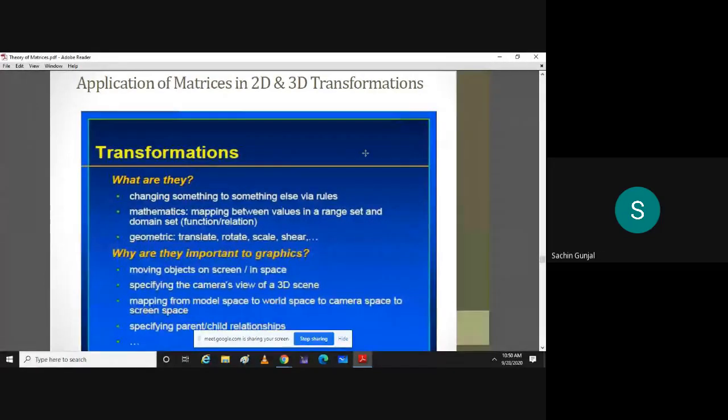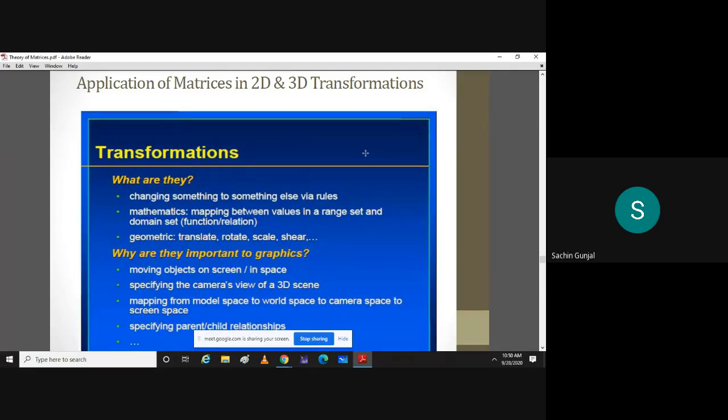All right. Thank you. So let us quickly recall what we have seen last time. We have started with application of matrices in 2D and 3D transformations, out of which we have started with 2D transformations. So what are transformations?